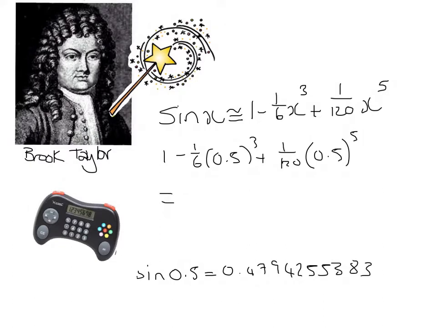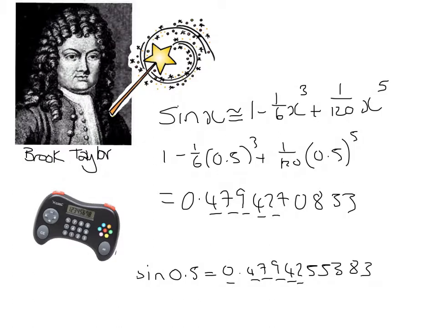And when we calculate Brooke's idea of using this formula to approximate sine x, what we get is 0.4794270833. Excellent. We're agreeing up to 5 decimal places now.